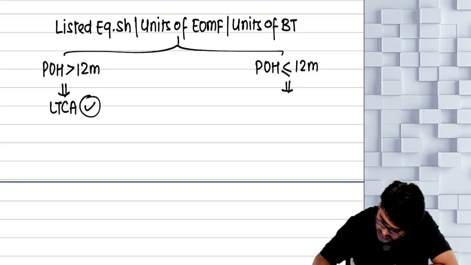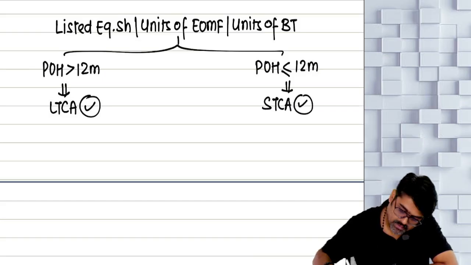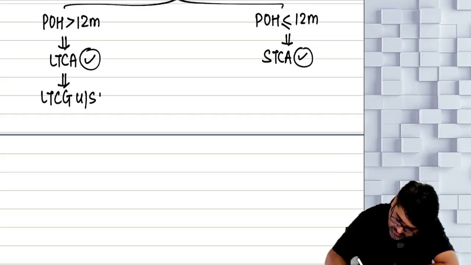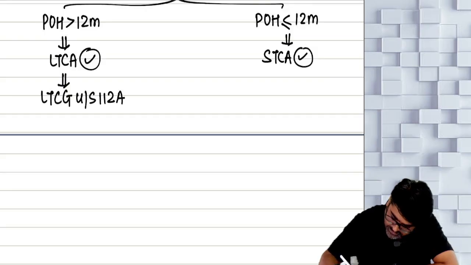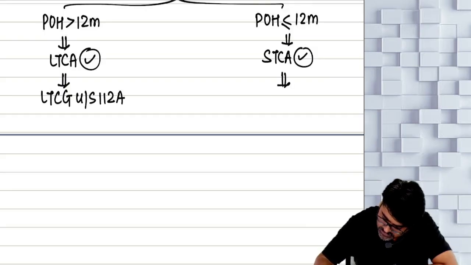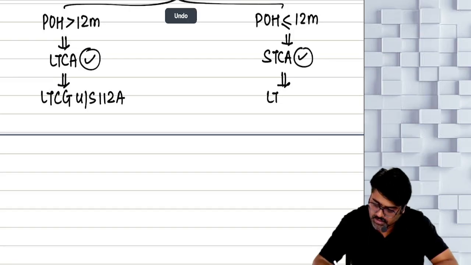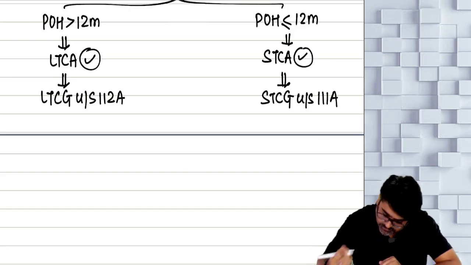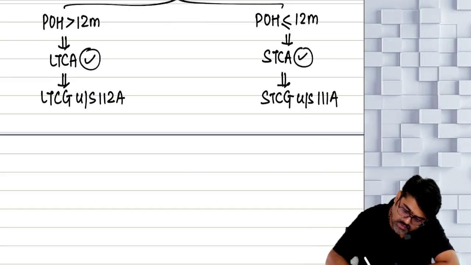And they will be short-term capital asset, right? Now see, here you are going to calculate long-term capital gain under section 112A. And here you are going to calculate short-term capital gain under section 111A.